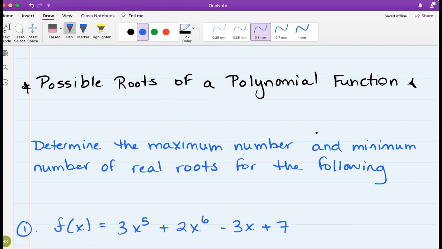Sometimes we won't be given all the roots. We'll be given just the polynomial function in unfactored form. So what I want to do is I want to look at some examples of polynomial functions, and then I want to determine the maximum number and the minimum number of real roots for each one of the functions. So we're going to start with that.